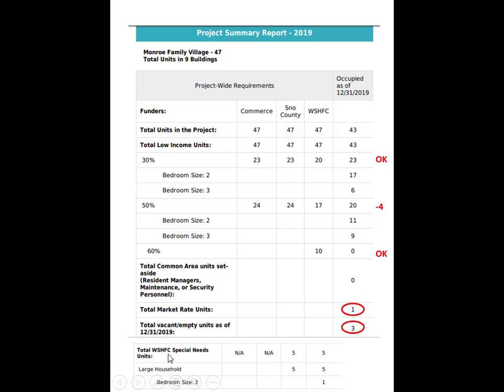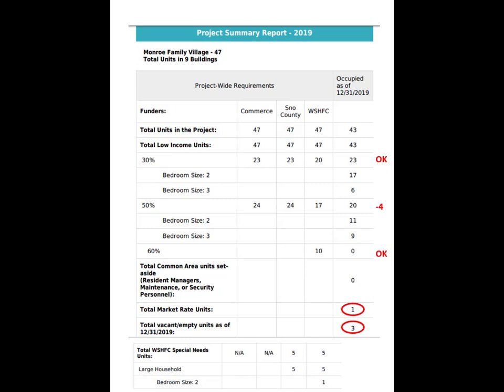Then if you have any specific special needs for the Commission, those will be below the line. And so what we're seeing here is, I'm sorry, this is skewed over here a little bit. This column is actually the Commission when I cut and pasted my pages together. You don't see that. But the Commission is requiring 5 units for large households.